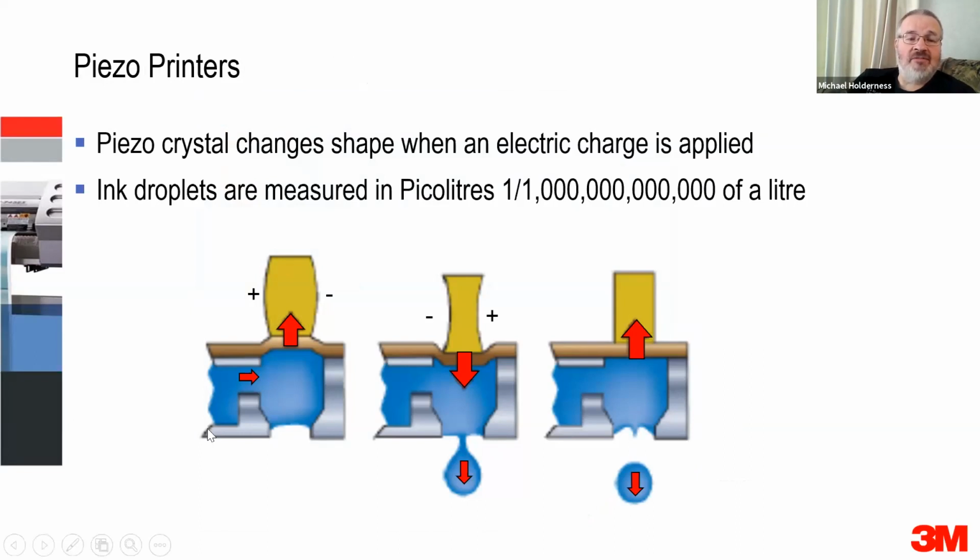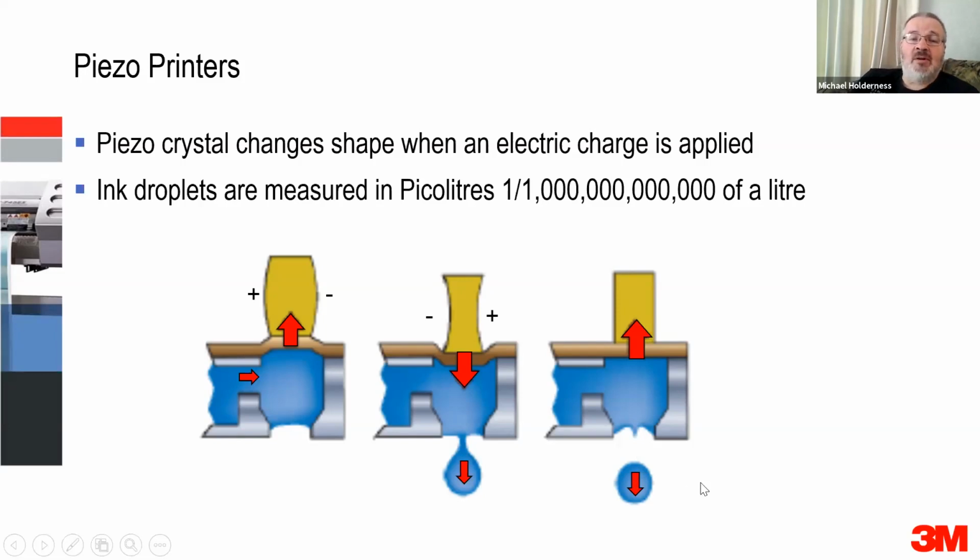You can see here on the left diagram, it pulls ink out of the reservoir into the nozzle chamber. Then when you reverse the polarity, it changes the direction of the shape of the crystal, and it pushes down on the membrane, and it pushes out a drop of ink. When they then turn off that charge, that ink drop gets released.